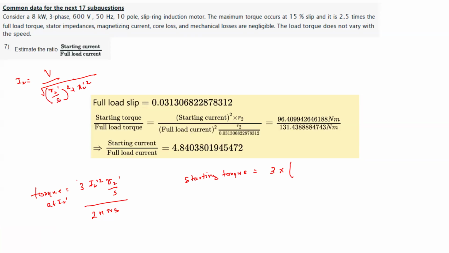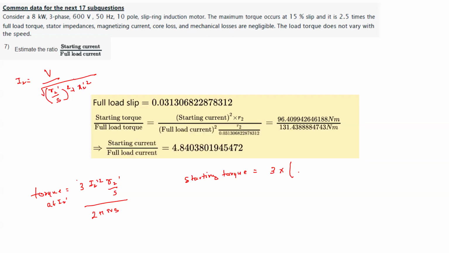Depending on whether this slip corresponds to the starting torque or the full load torque, this I2 current will vary, because the S value varies for the two torques, the starting value and the full load value of slip.